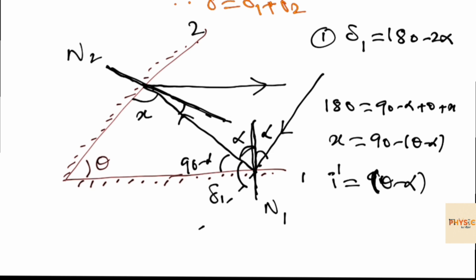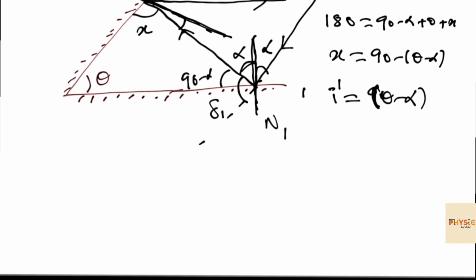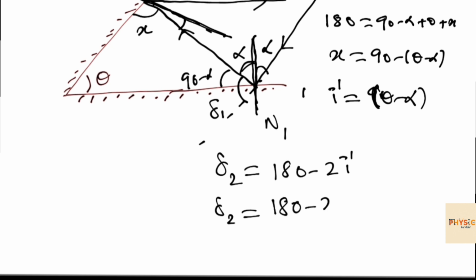Now the deviation angle we calculate on the second mirror, delta 2, is 180 minus 2i dash, which is 180 minus 2 into theta minus alpha.